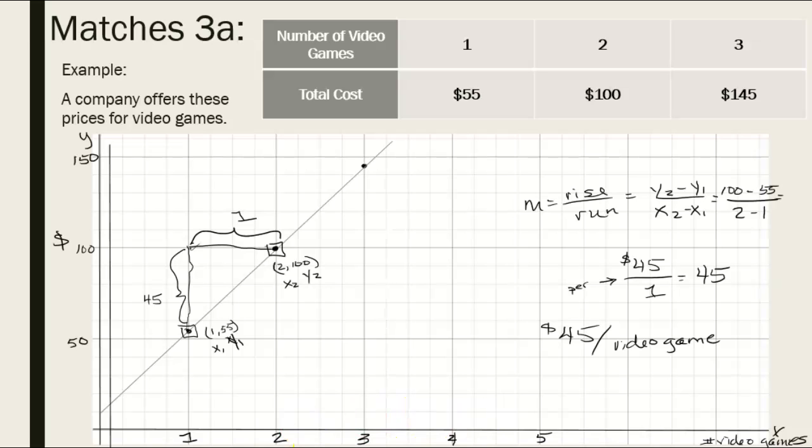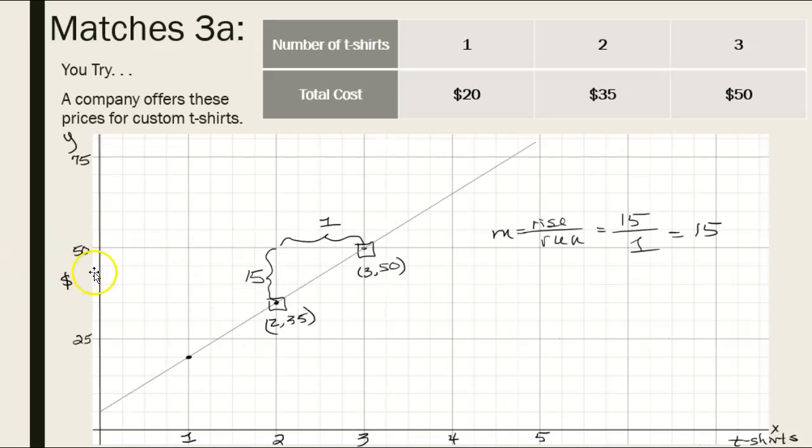So now what I need you guys to do is come up with, for the you try problem, what does this slope represent. Do that now, please. Okay, and hopefully you got on that right away, because remember, my 15 is my rise. That goes with my y-axis.